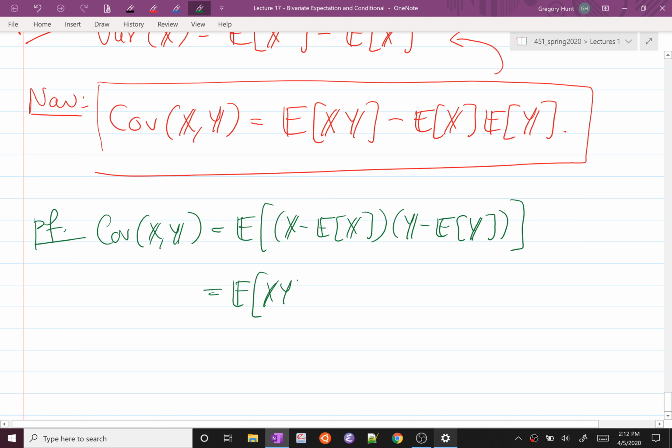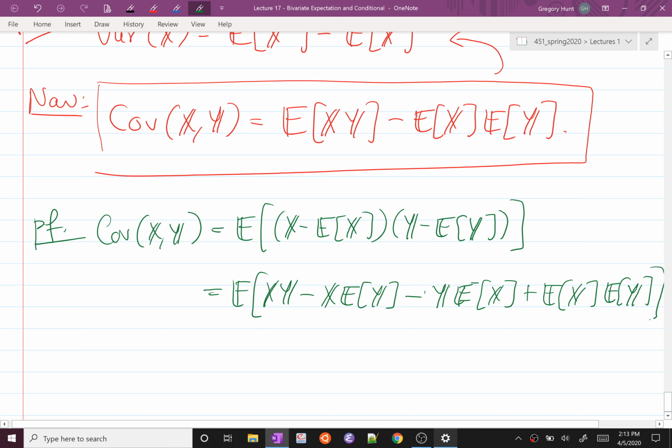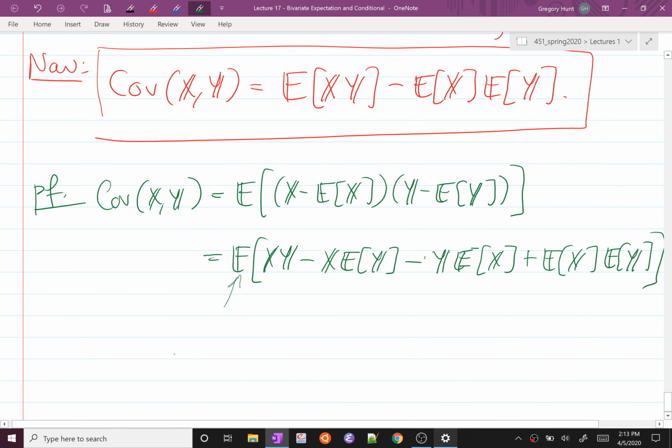You get xy minus x times the expected value of y minus y times the expected value of x plus the expected value of x times the expected value of y. And we know that we can distribute this expected value linearly over all these terms.